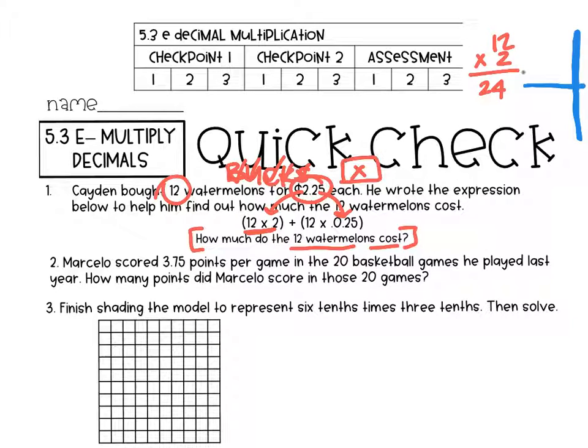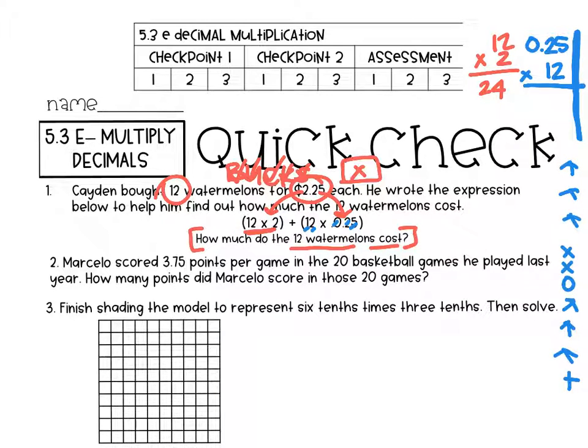Make my wall right here, and the number with the most digits goes on top. So this one has 1, 2, 3 digits, and this one has 1, 2. So this is going to go on top against the wall, and then 12 is going to go below it, and then my strategy is going to be up, across, X, X, O, across, up, across, add.